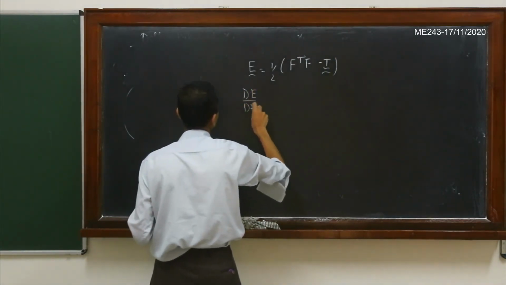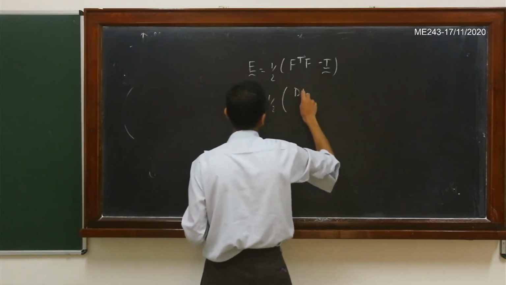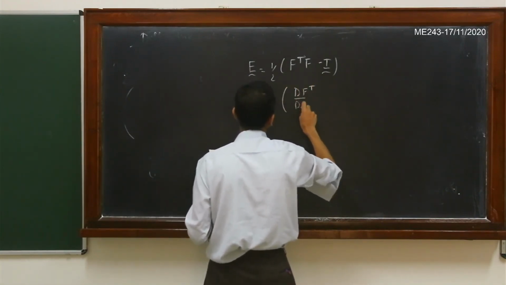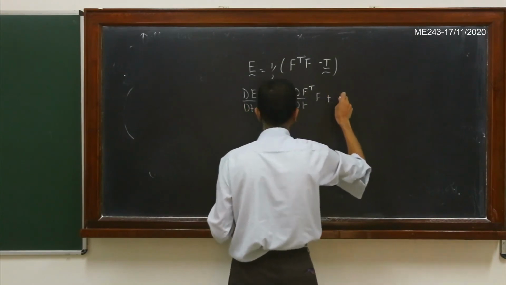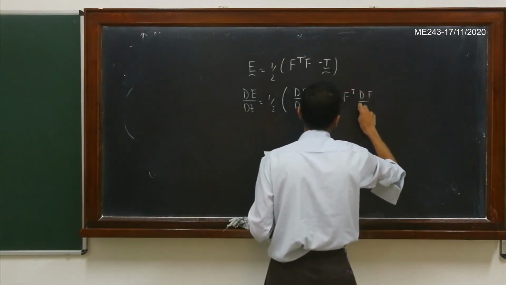So d by dt is half of dF transpose by dt times F plus F transpose dF by dt.